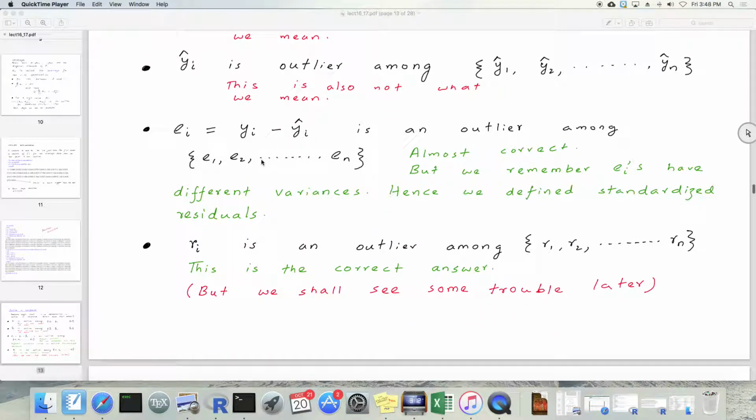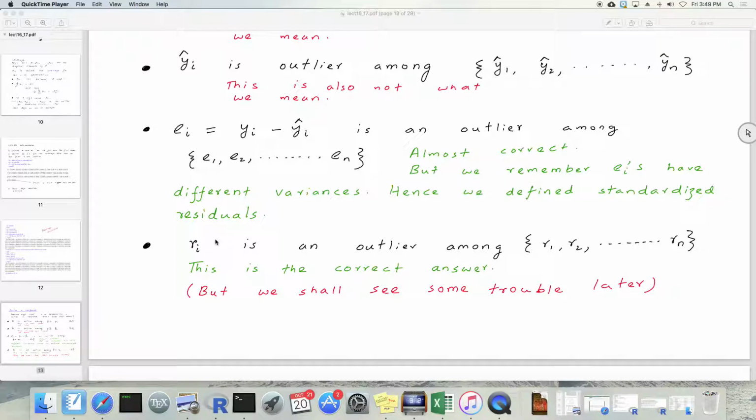And we know that ei can be standardized as ri because the eis have different variances. So what's big for e2 may not be big for e5. That's why we have learned about ris. So ri is called the standardized residual for the ith observation.